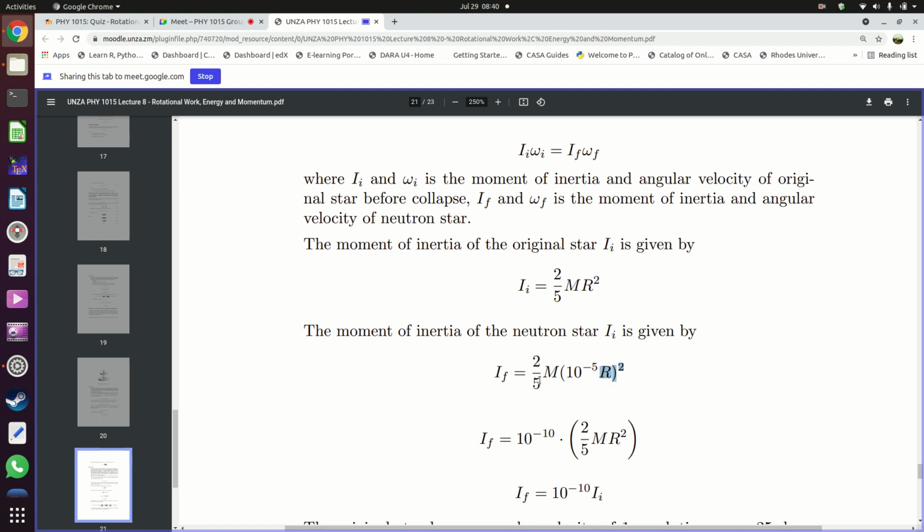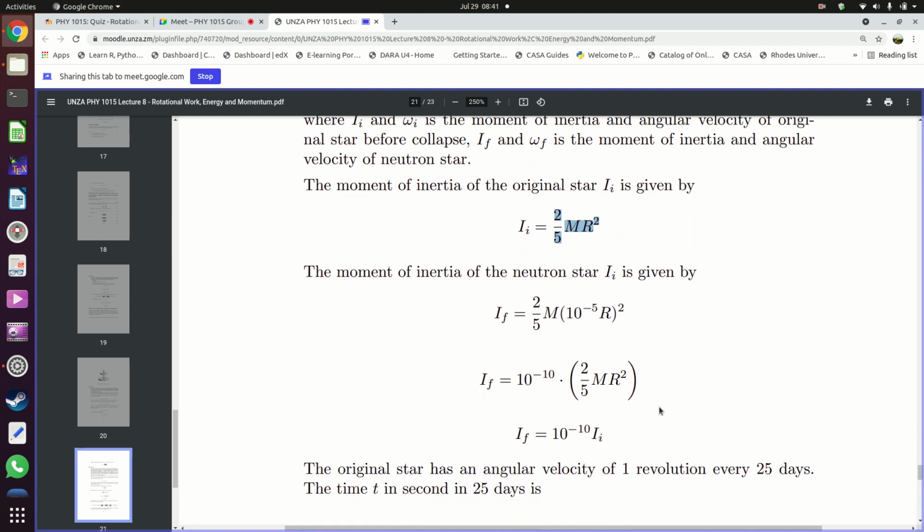When you put that together with 2/5 m, you end up with 2/5 m r squared, which is what we have for the original star. So basically we have expressed the moment of inertia of our neutron star, our collapsed star, in terms of the moment of inertia of the original star.